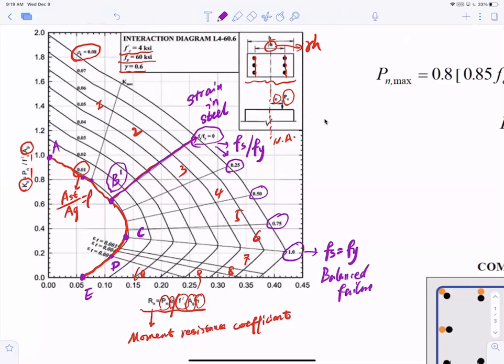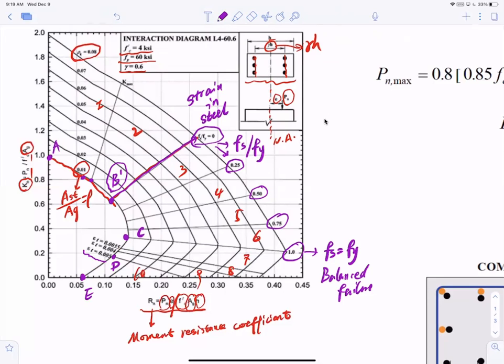Now keep going, and I reach that. If I clear this out, I'm sorry, cover it, this is where I have reached epsilon t equal to 0.05. So this is the tension controlled limit. And then go all the way down when it crosses the x-axis, that is point E. Okay, so you don't even have to compute the critical points on this interaction diagram.